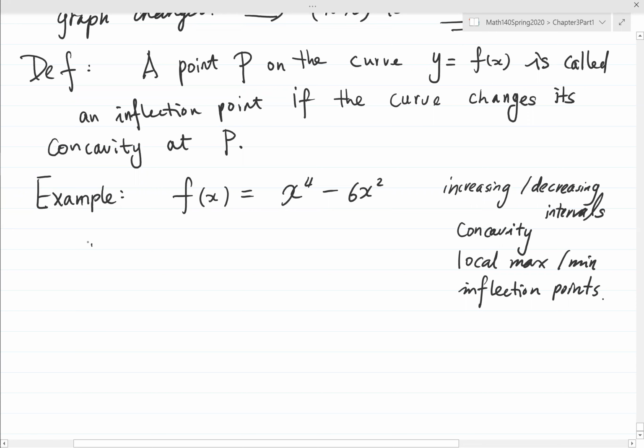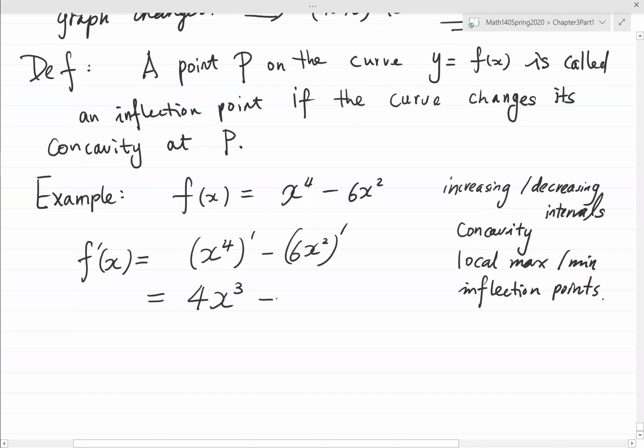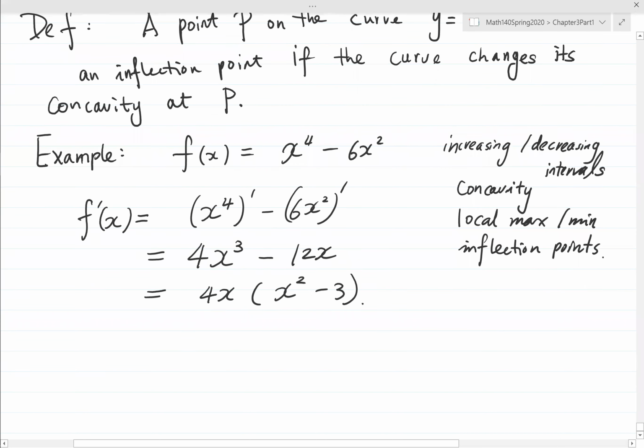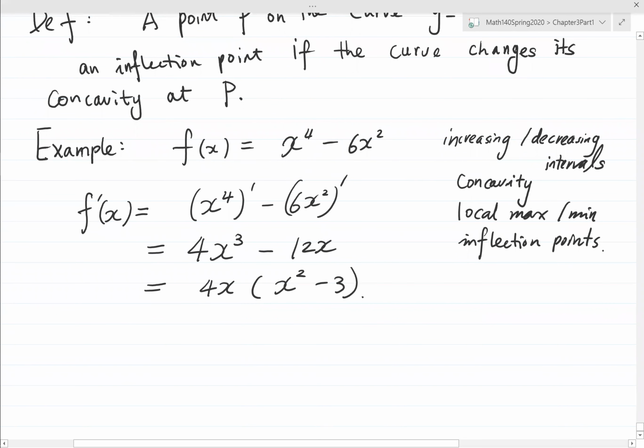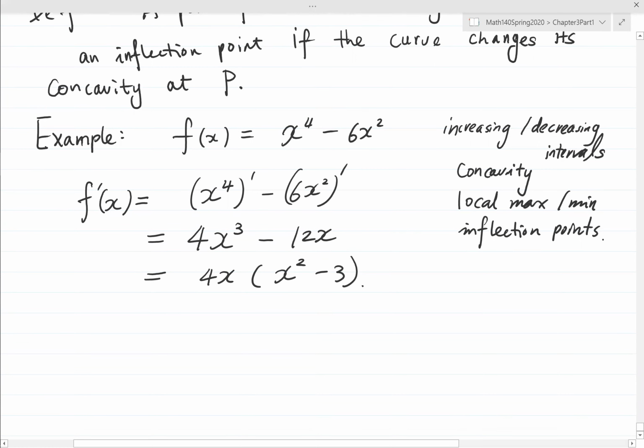Now the first of course we take the derivative, by the power rule. So this will get 4x cubed, and the derivative of 6x squared is 12x. Now if you factor out the 4x, we get x squared minus 3. Now we find critical numbers.